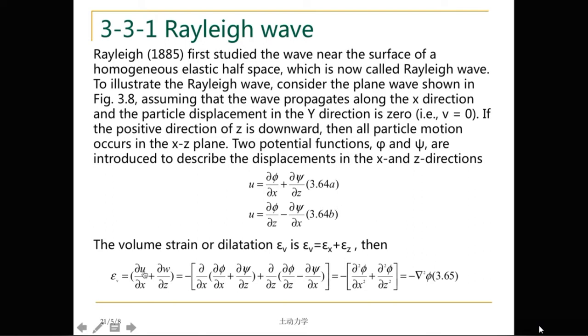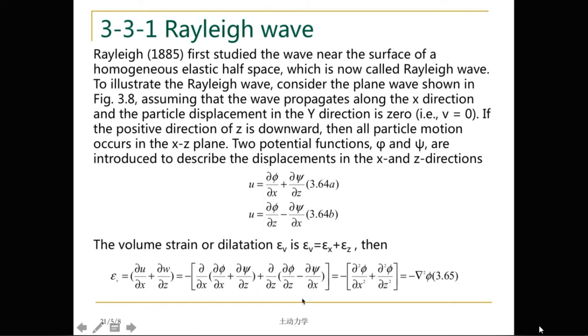X direction displacement u and Z direction displacement w. Here, equation B is w. And then we do the derivative calculation of equation A and the derivative calculation of equation B and calculate the sum of them.